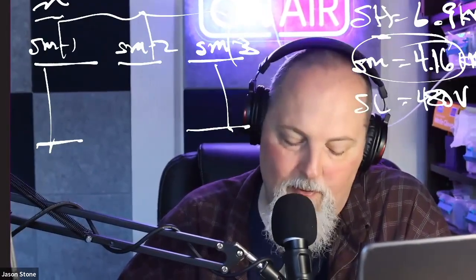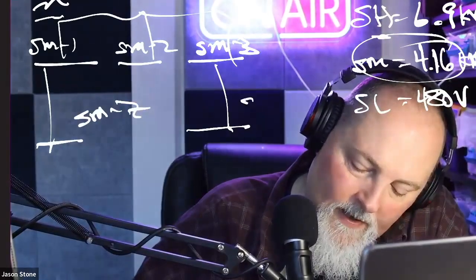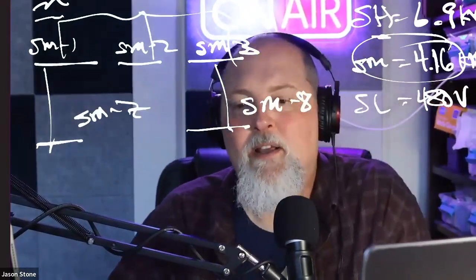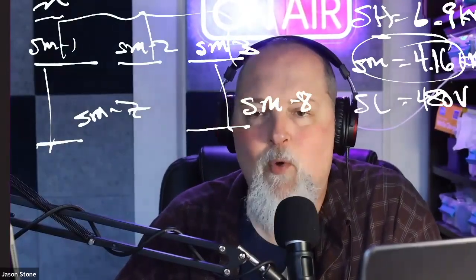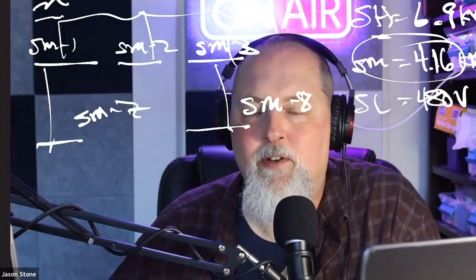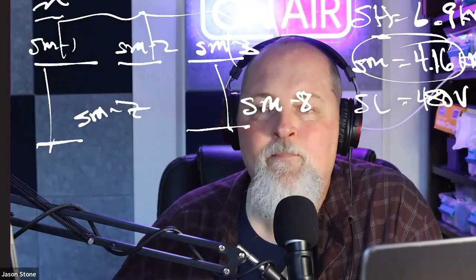Now, these buses are important. This is SM7 and SM8. The reason these are important is because they have our safety related equipment, which means the things that we need to shut the plant down in the event of a loss of power.